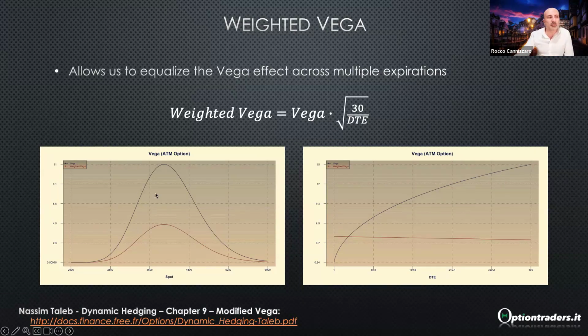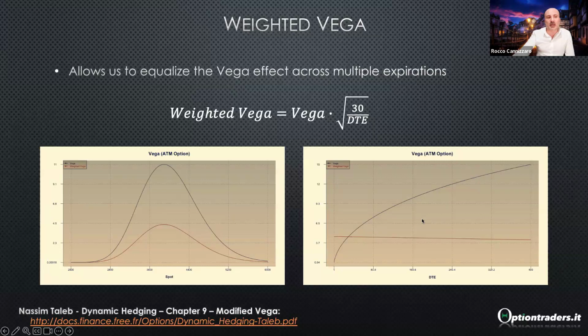So what I did in these two charts is showing you the blue line is the nominal vega, and obviously we're looking at an option which is more than 30 days away, and the red line here on the left is what the equivalent weighted vega looks like. As you can see, the weighted vega is much smaller compared to the nominal vega if you're looking at longer dated options.